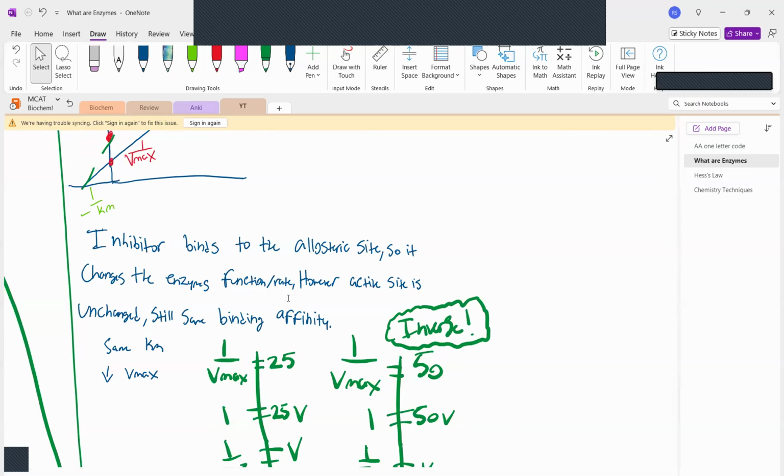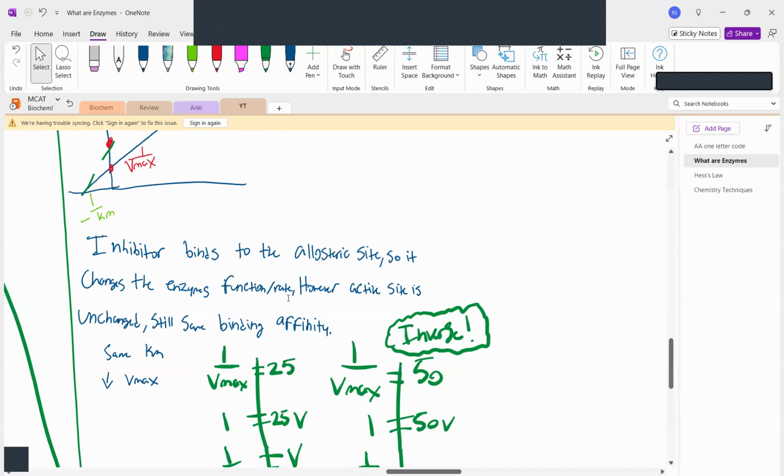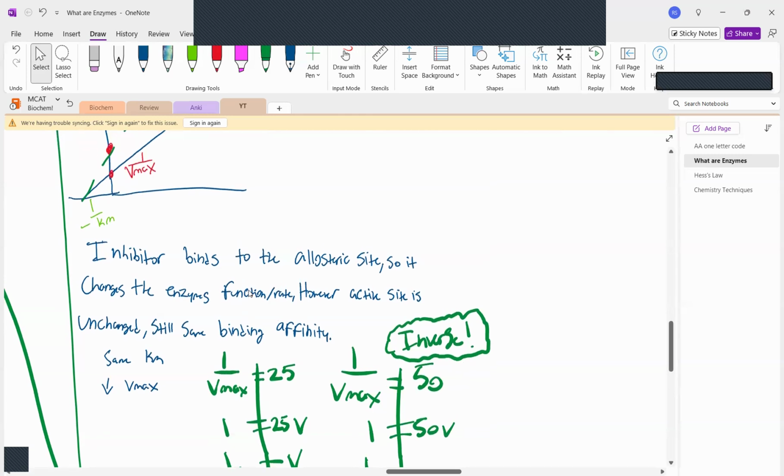So you still have the same binding affinity, so the Km, the amount of substrate needed to reach one half of Vmax, is still the same. But the Vmax, for whatever reason, is lowered for the non-competitive inhibitor. It's being fundamentally changed.